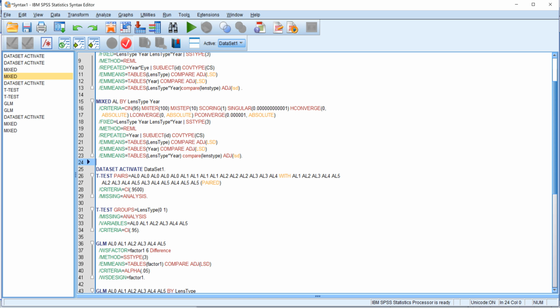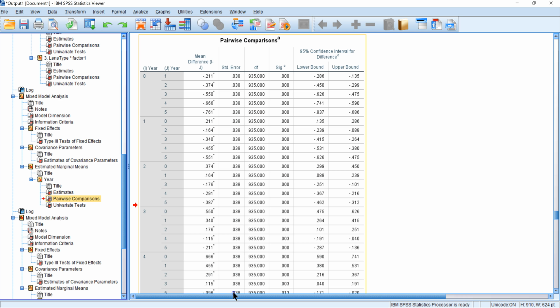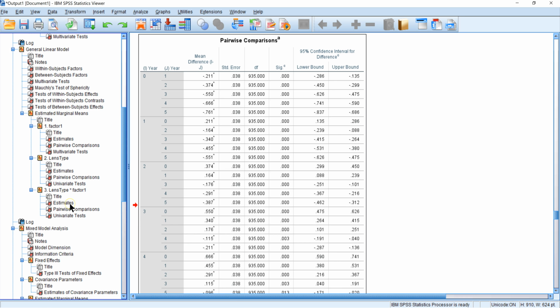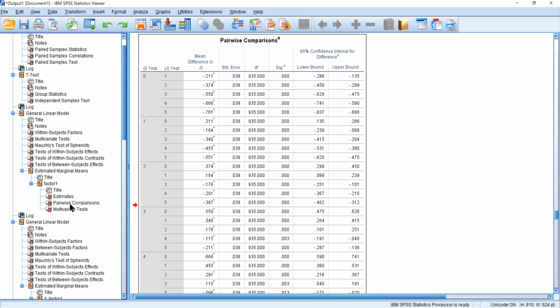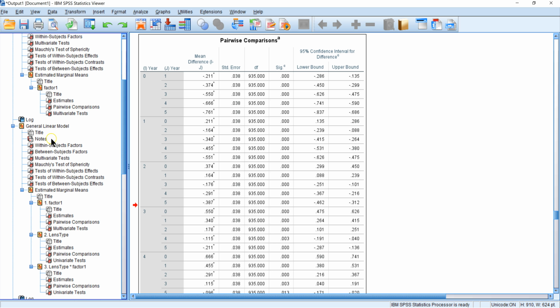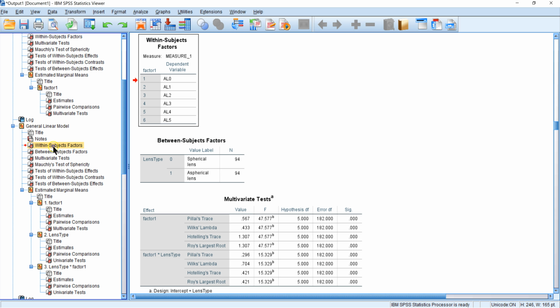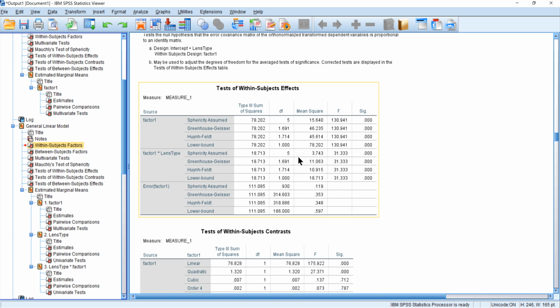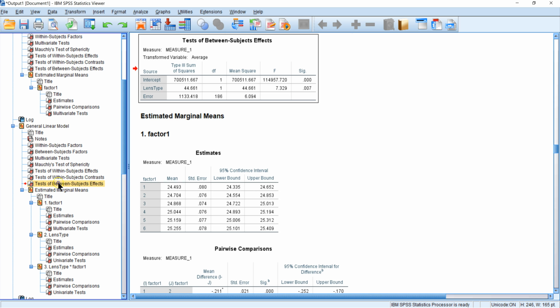And so we have our mixed model in the GLM. We get our within subjects, and it has the error term of 0.119 down here and all these f-tests. And it has between subjects tests.